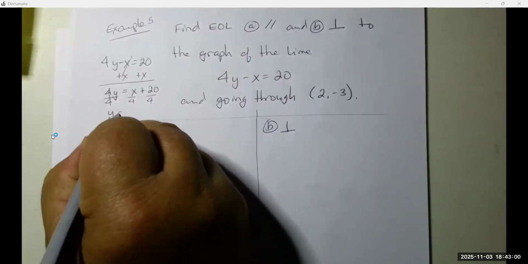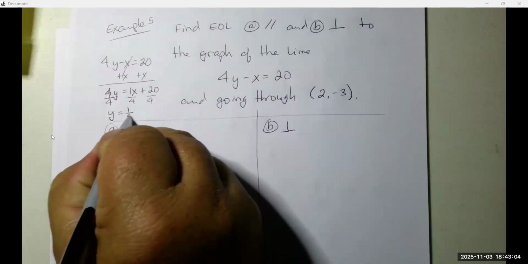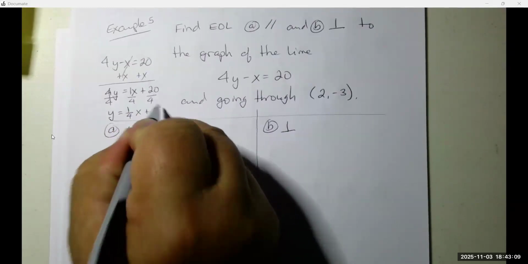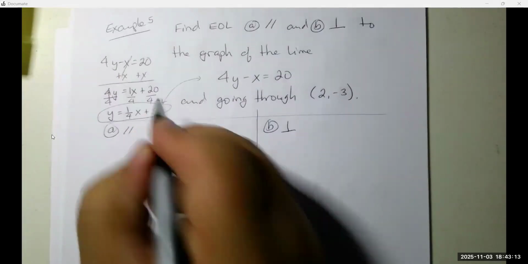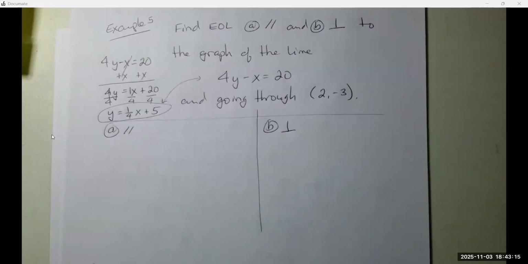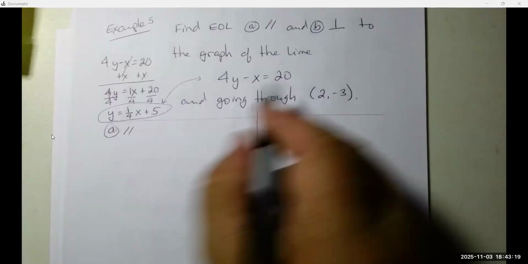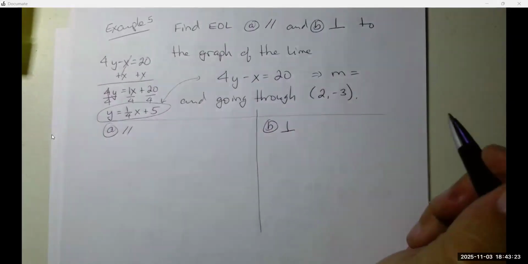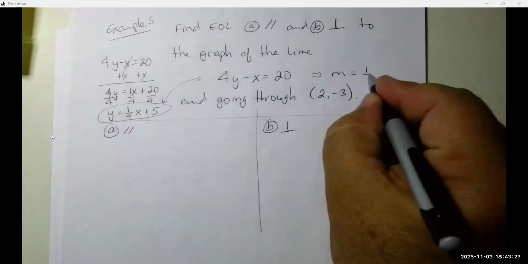So y is equal to, there's a 1 in front of the x, so it's 1/4 x, plus 20 divided by 4, which is 5. This is our line. So what's the slope of this line? 1/4. Yeah, it's 1 over 4.